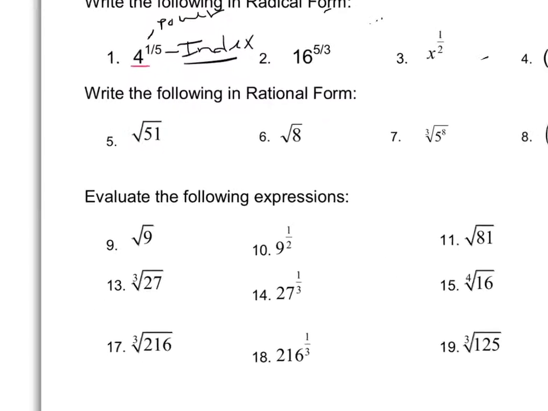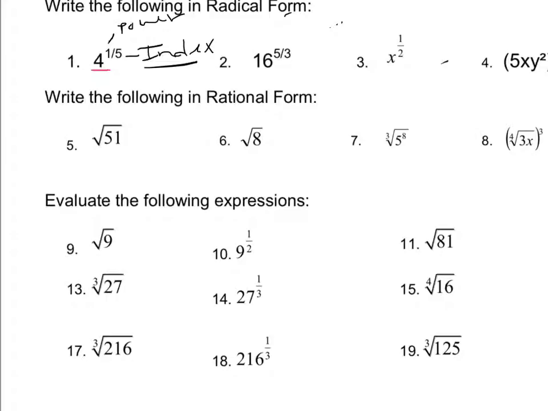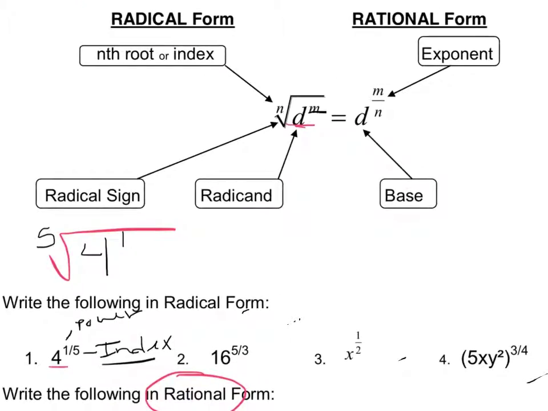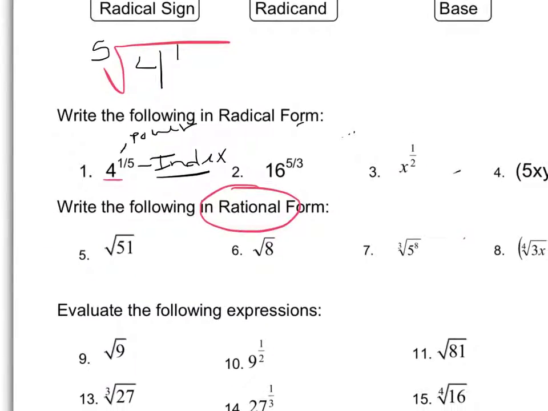So we're going to look at rational form. Rational form just means turning your square root into fractional form. How do you do that, you ask? Simple. Always simple.